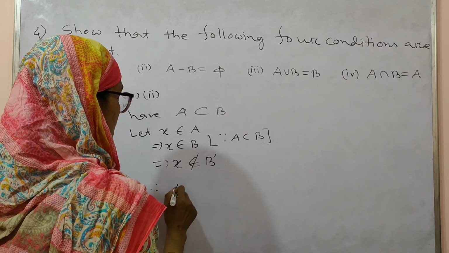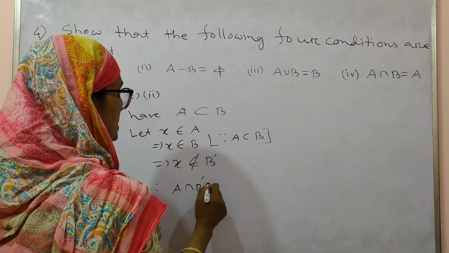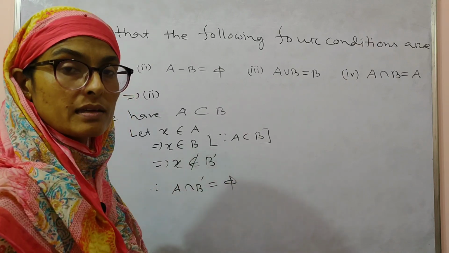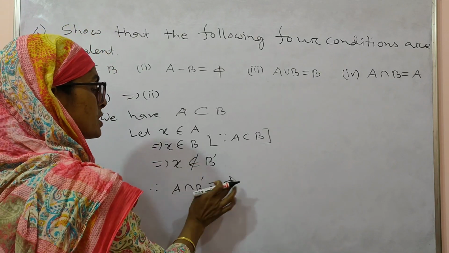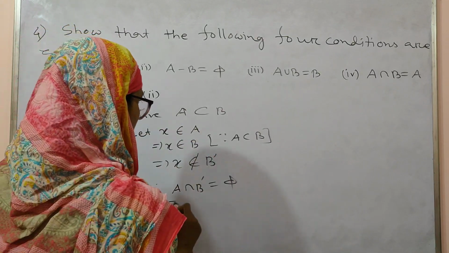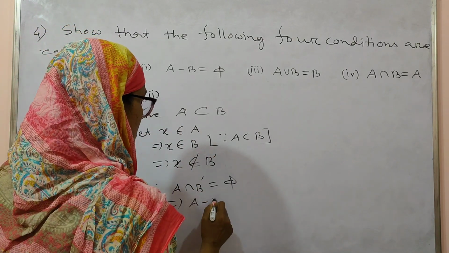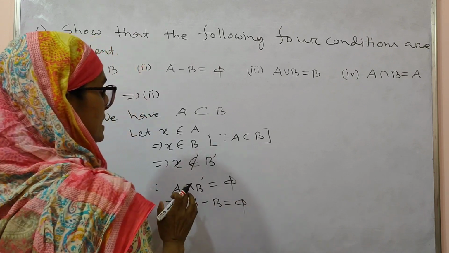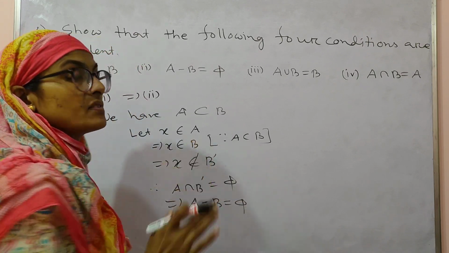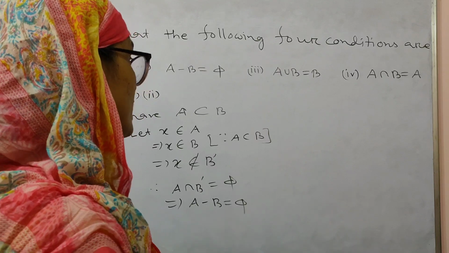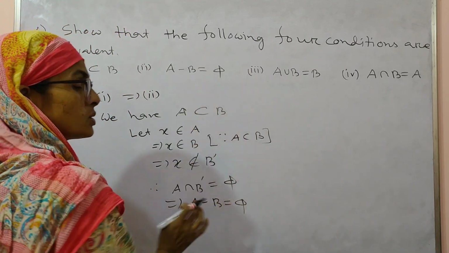That means A intersection B complement equals the empty set, or you can write A difference B equals the empty set. A intersection B complement means A difference B equals the empty set. So this one is number 2.